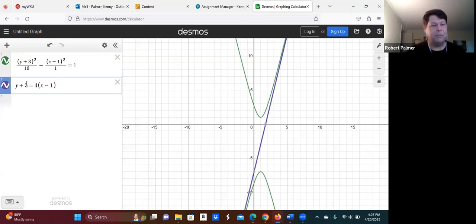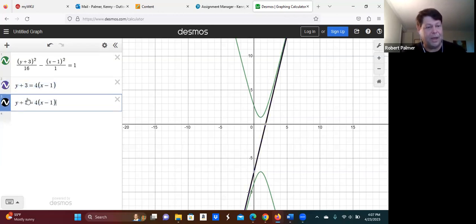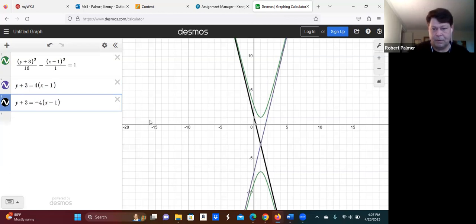That looks like an asymptote. And the other one, I'm just going to copy this. The only difference is that we have a negative in front of the 4. And yeah, that looks reasonable, right? Okay, so we have the correct vertices, we have asymptotes, so that's what that hyperbola looks like.